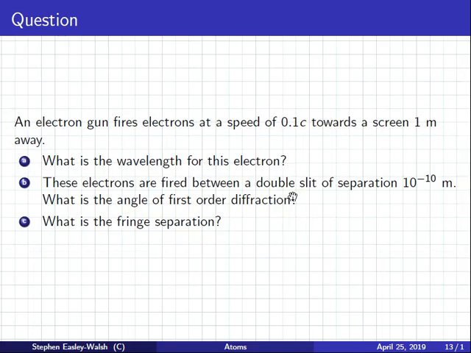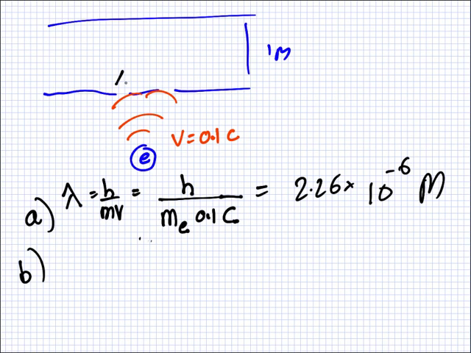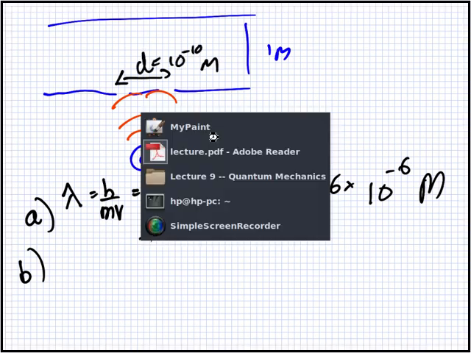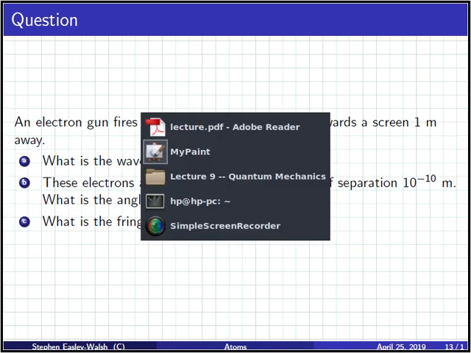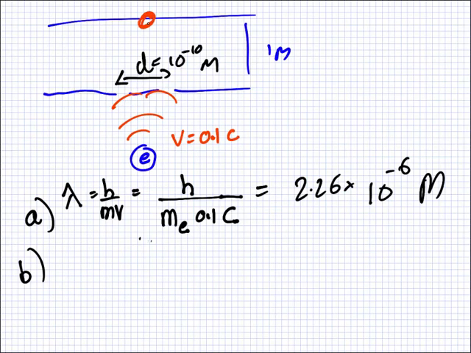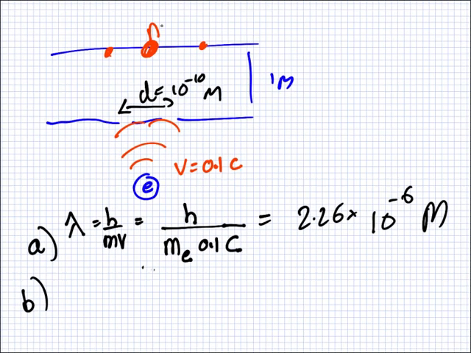These electrons are fired through a double slit where the d here is 10 to the minus 10 meters. What is the angle of the first order? You'll have some here, some here, some here. Do you remember this? This is n equals 0, n equals -1, n equals 1. My question is, what is the angle here?